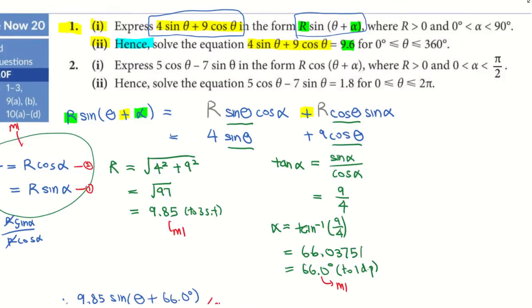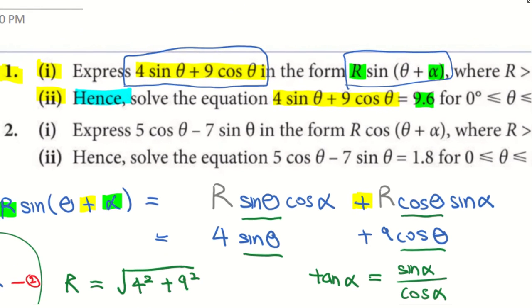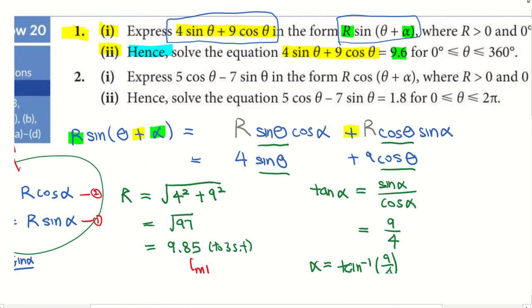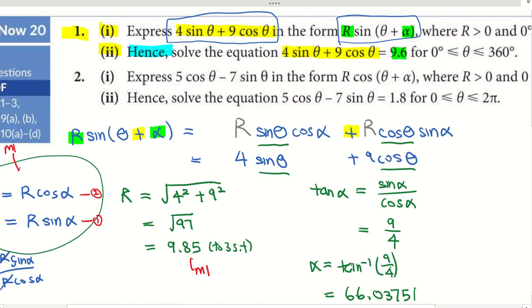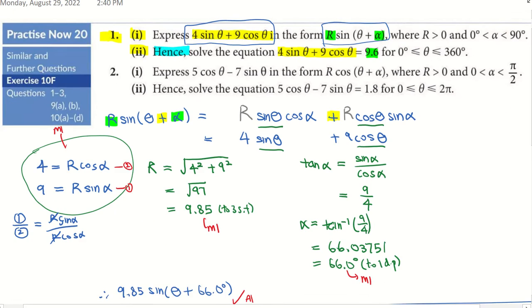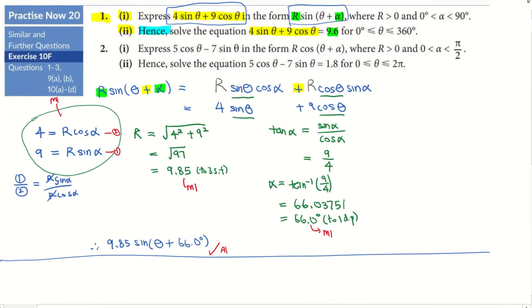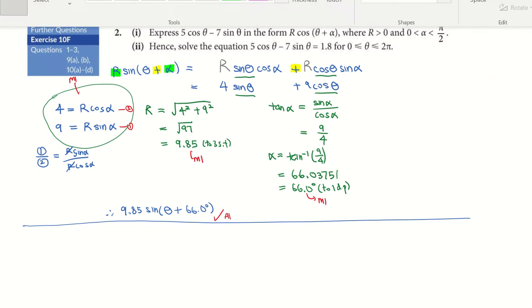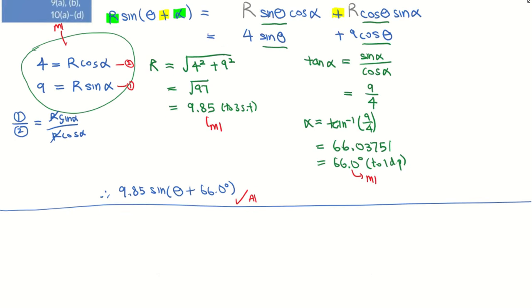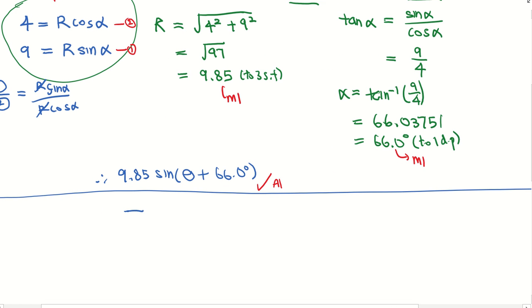In the first part, we solved for the R formula, right? R sine theta plus alpha. Basically, if I use the first part, I already solved for the R formula. I'm just going to use that and substitute. And I'm going to use the exact numbers.